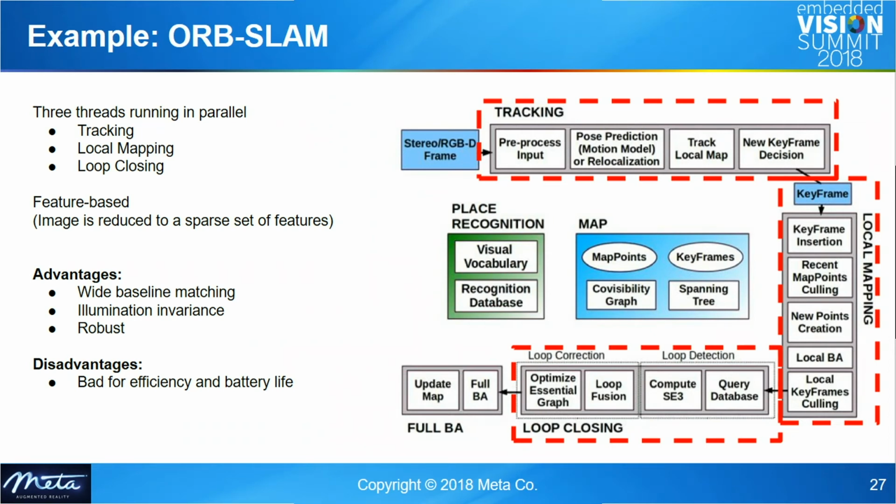other environmental factors. The downside is, and knowing that this is an embedded vision conference, while it runs in real time or at camera frame rate on a desktop or even laptop GPU, it might not be lightweight enough for an embedded application.